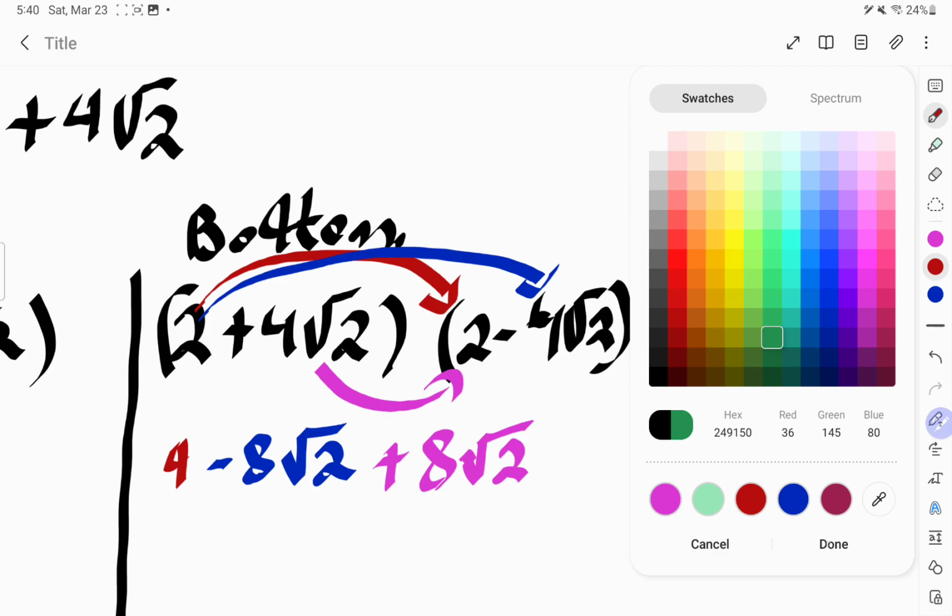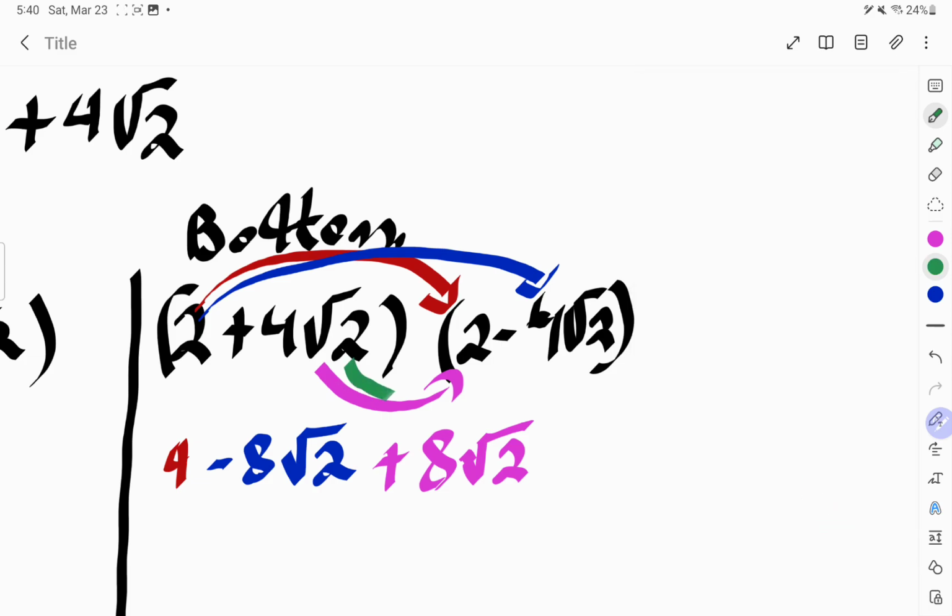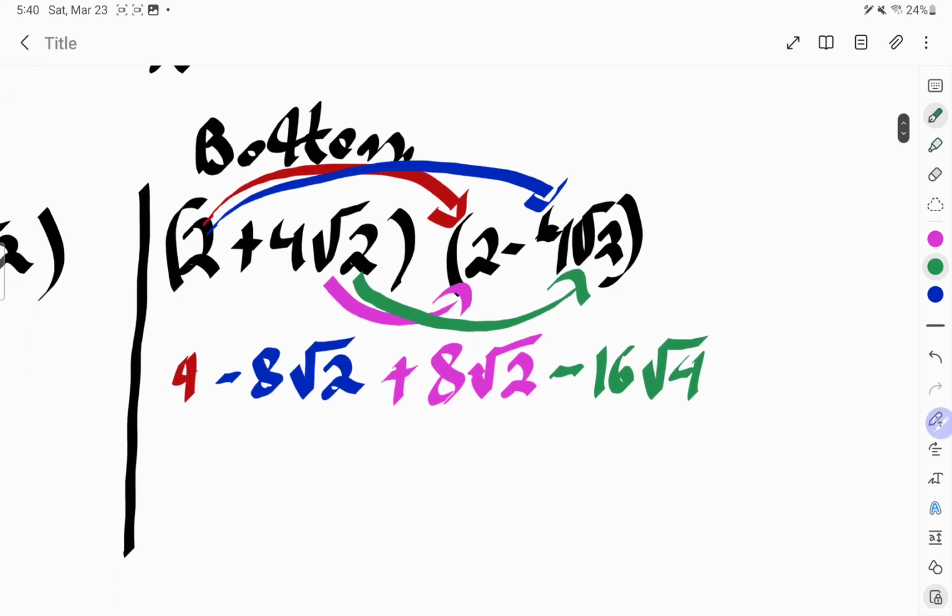It's going to be multiplying this one with this guy right here, which is going to give me negative 16 square root of 4. This is all the multiplication. This is FOIL method. So you guys should be okay with this, but that's all the craziness that's going on.